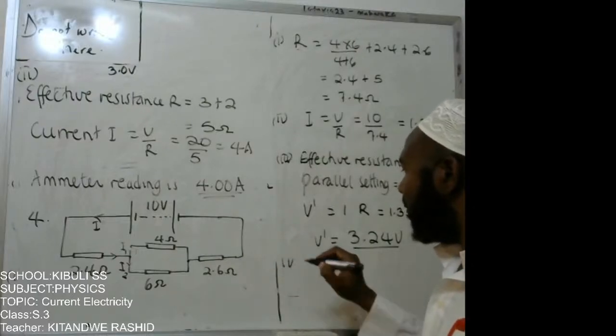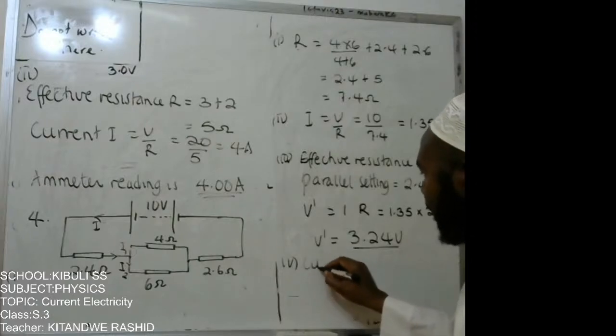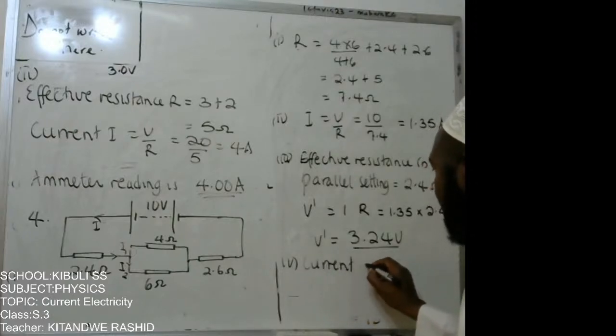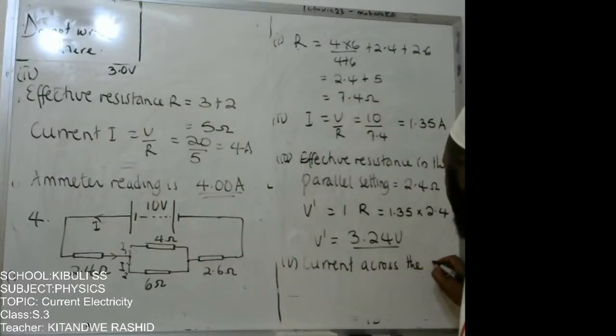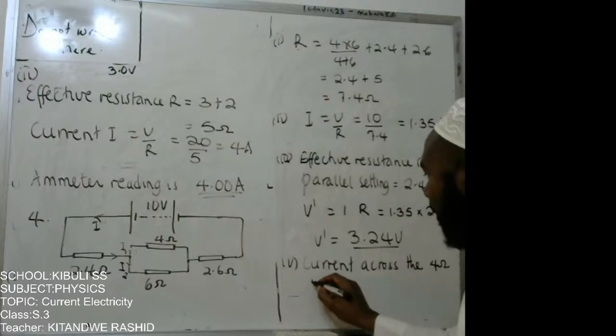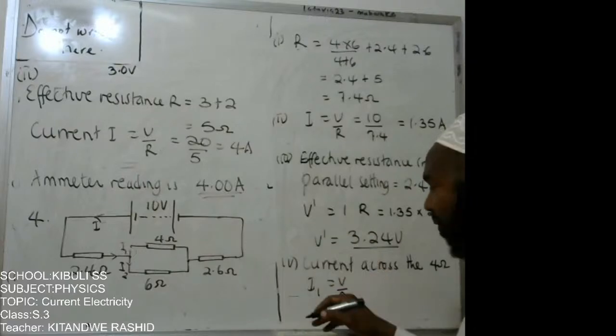So Roman 4, current across the 4 ohm, which we called I1, is equal to V over R1, which we will call R1, I'm meaning the 4.